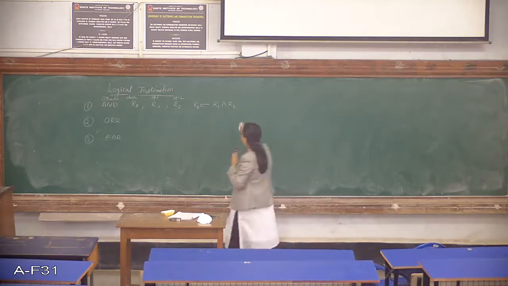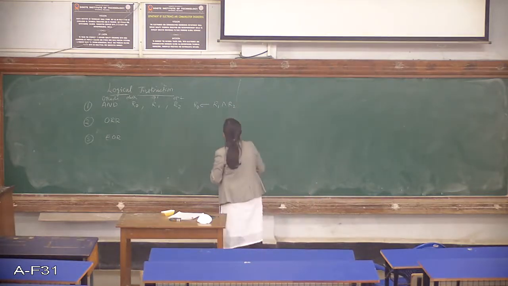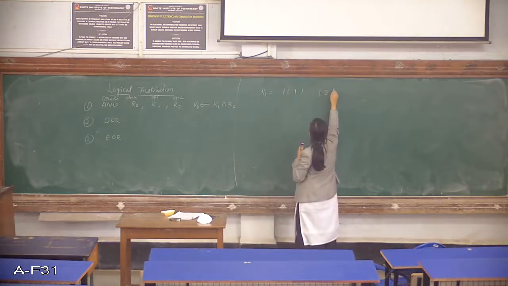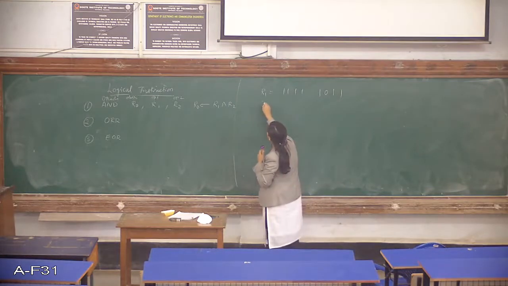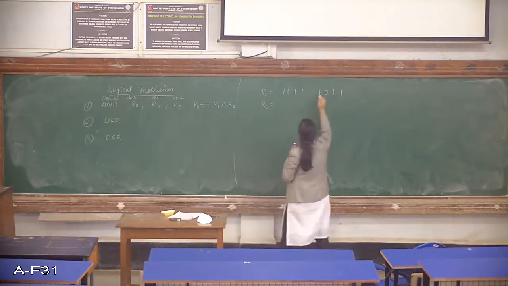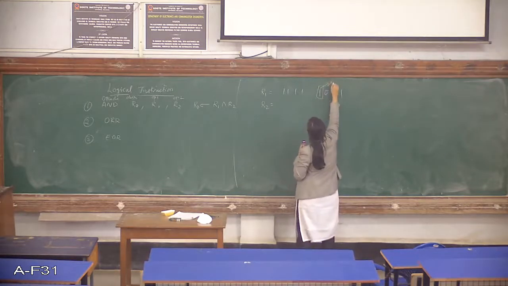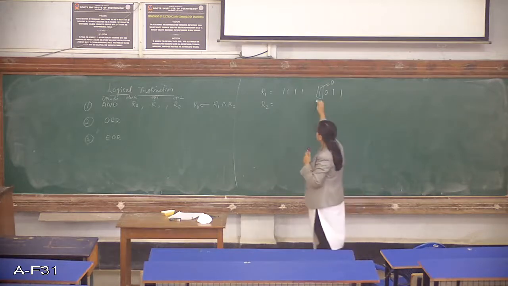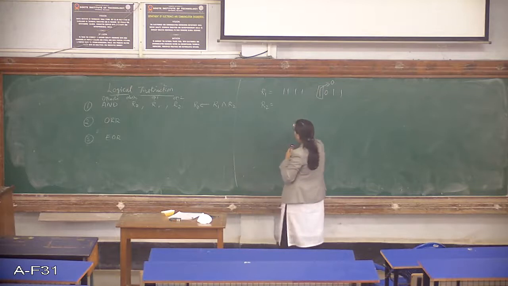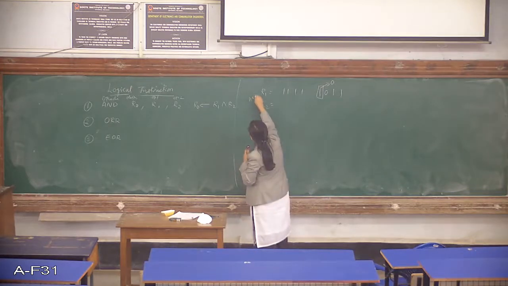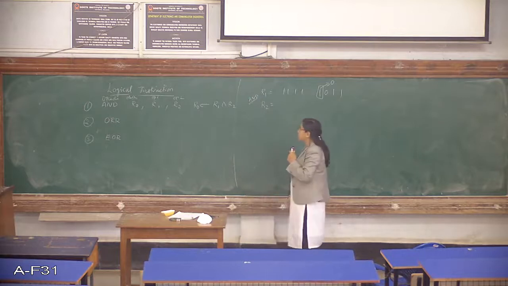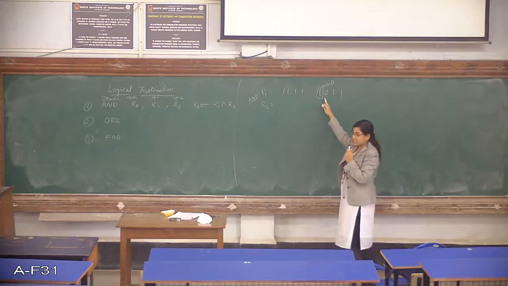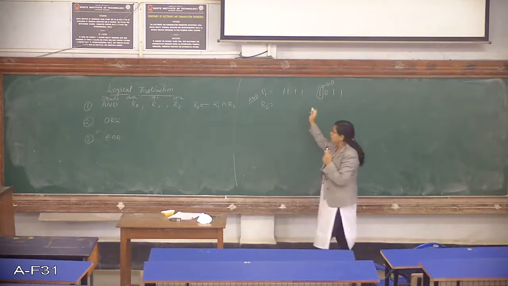For example, suppose R1 is 1 1 1 1 1 0 1 1, and I want to make one bit as 0 without altering the other bits. I'll be ANDing R1 with R2. What should be the value of R2?